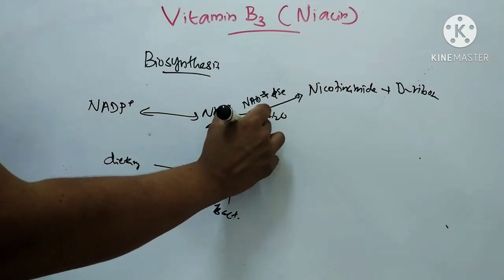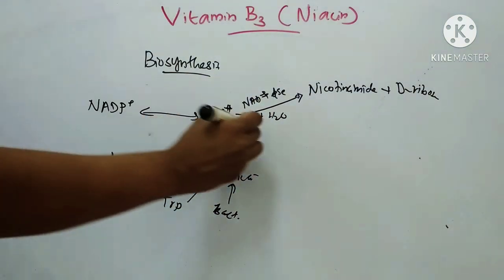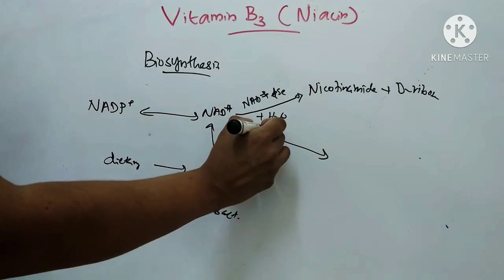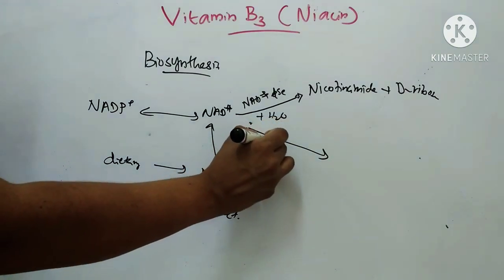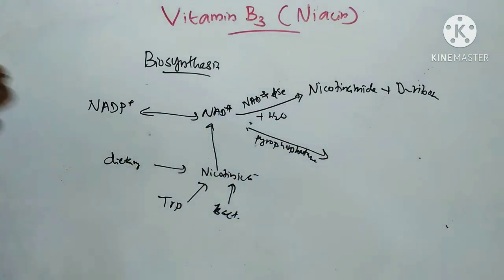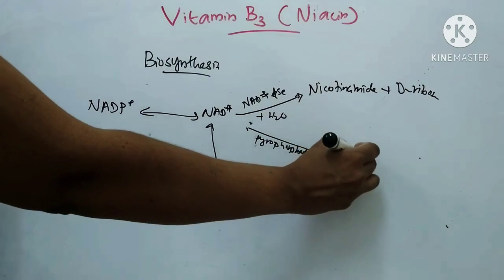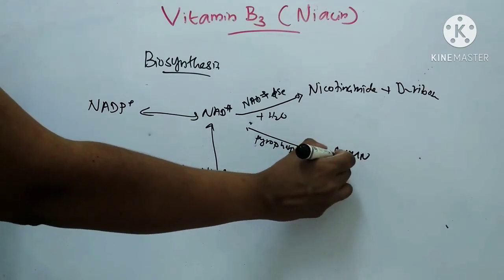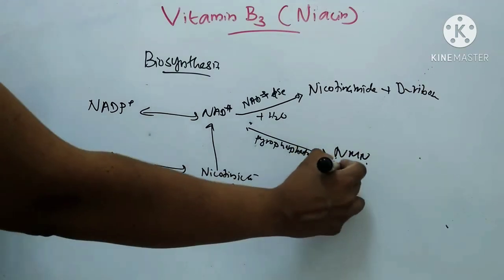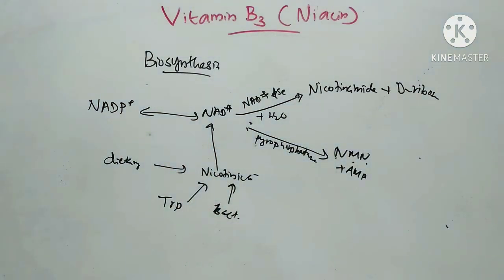Then by the enzyme nucleotide pyrophosphatase, it is converted to nicotinamide mononucleotide, that is NMN, and AMP. This is the degradation of NAD plus.